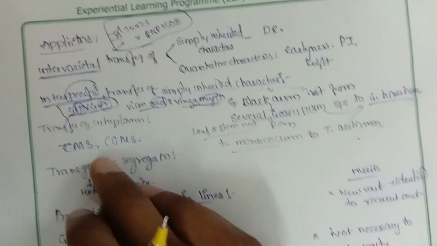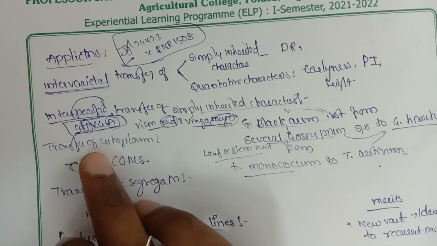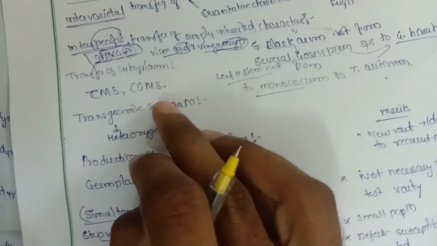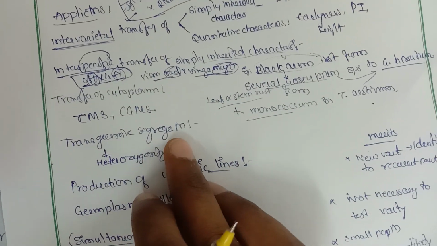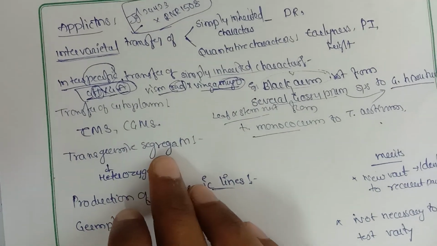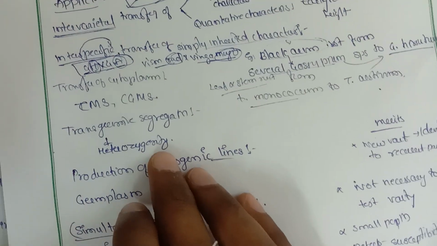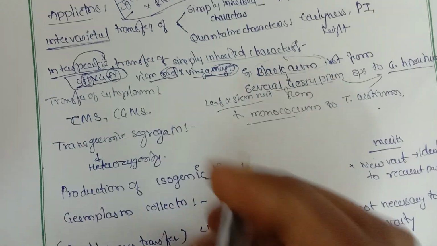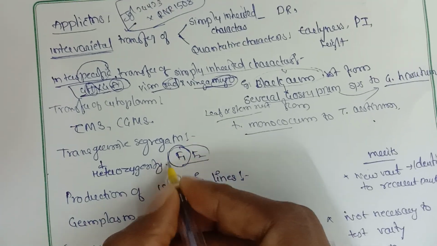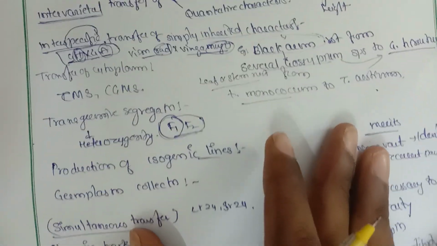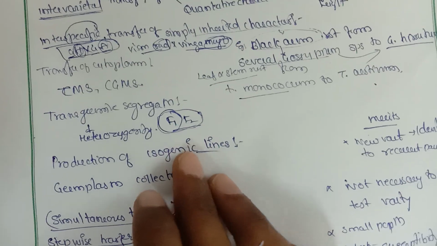It is also used for development of CMS and CGMS lines through transfer of cytoplasm, and for getting transgressive segregations. In backcross we get more heterozygosity in the F1 and F2 progeny, and in this we can go for selections in the segregating populations.